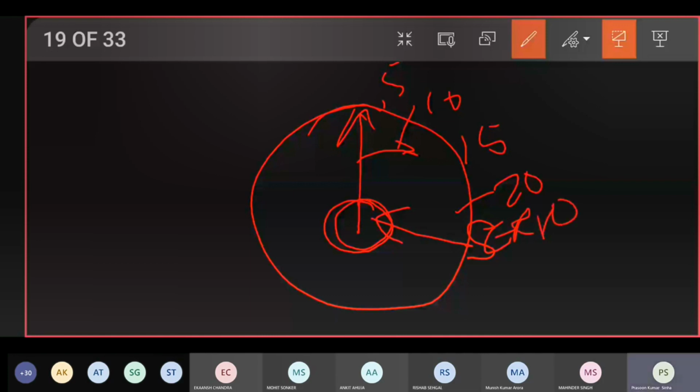What is this servo motor? A special type of motor which can be controlled for its rotation.